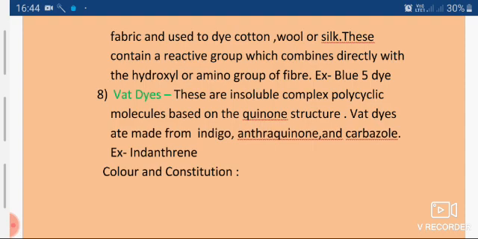They contain polycyclic molecules, and these are also insoluble because this contains an organic material, so that it is insoluble in water, and these are not very well fastened to the cloth. So these may be washed away during the washings.